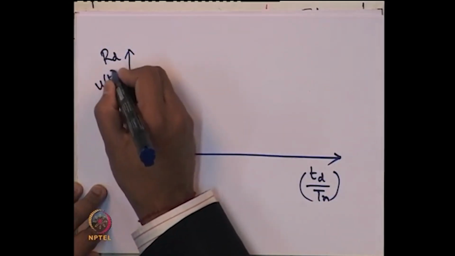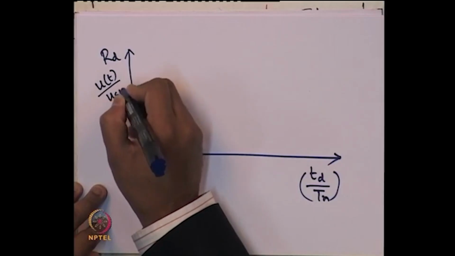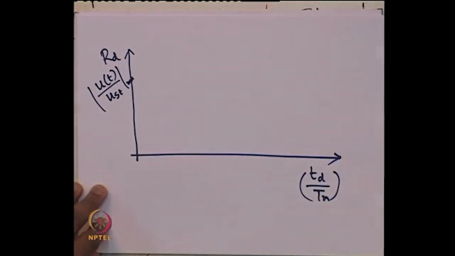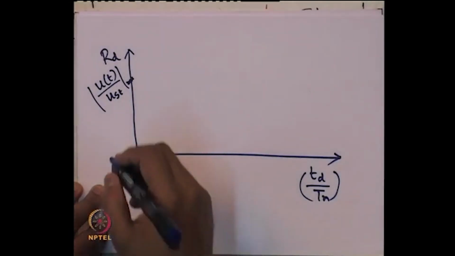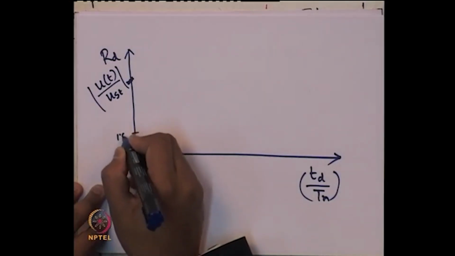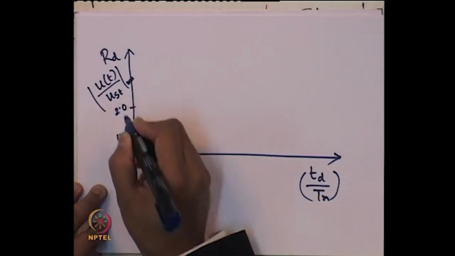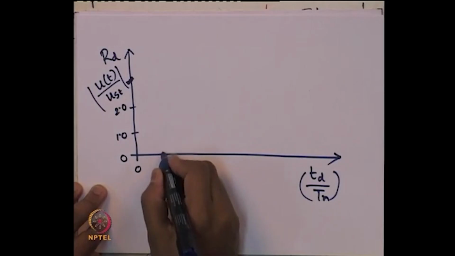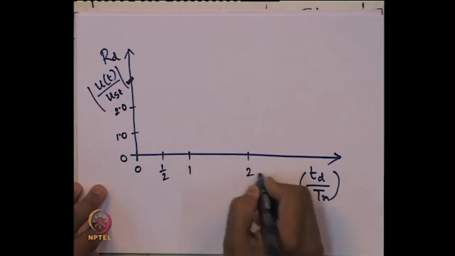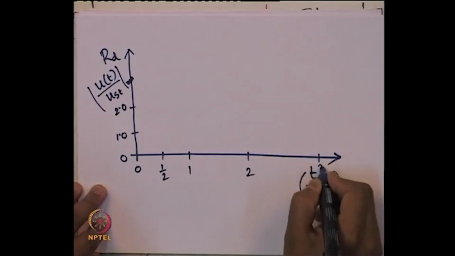So, u(t) by u_st, maximum of that, I am plotting. As I said over there, it is 0. So, this is 1. So, this is 2, this is 0, let us say this is half, this is 1, then this is 2, then this is 3, like that.